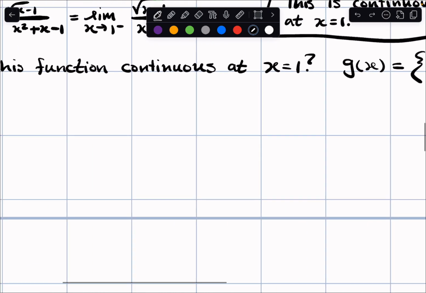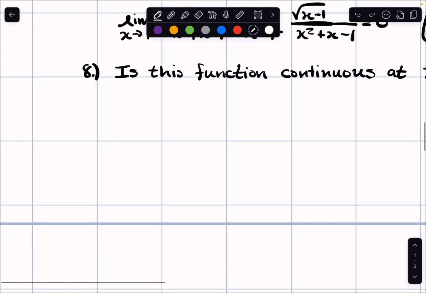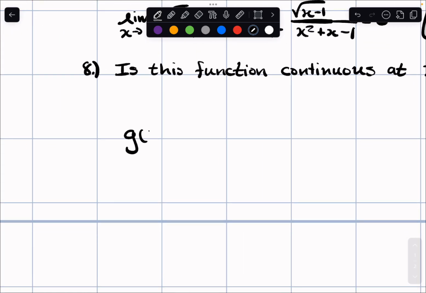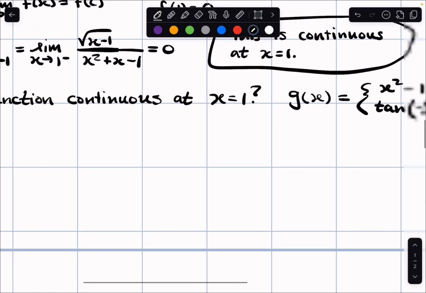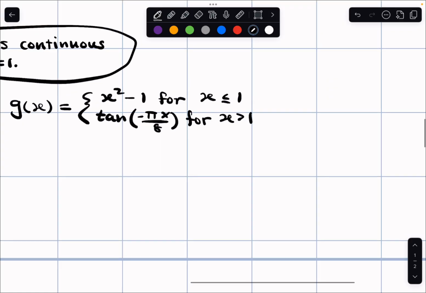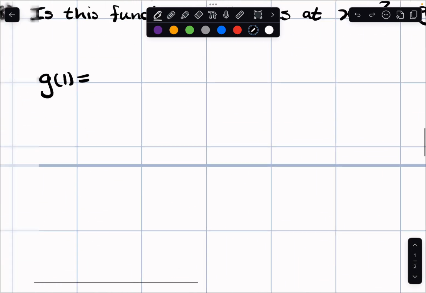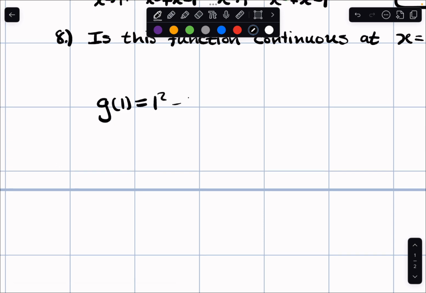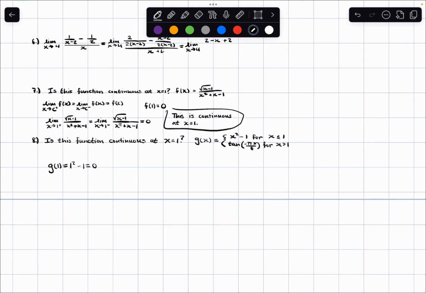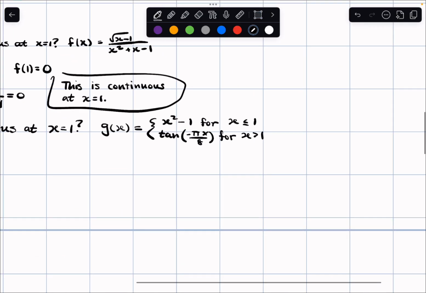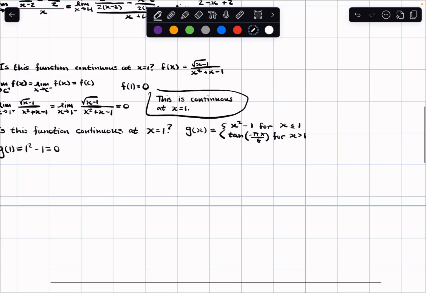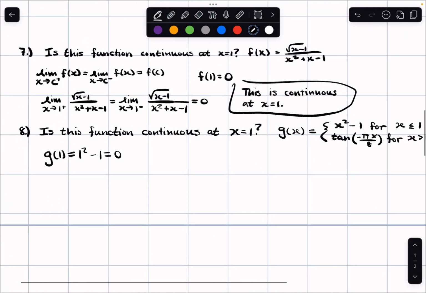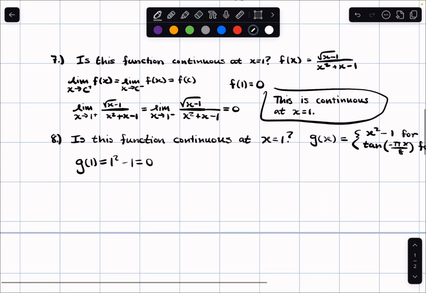So let's first evaluate g of 1. Well, for the piecewise function, we were told that this is equal to 1 squared minus 1, which is equal to 0. And so in order for this to be continuous, the limit must exist and both sides must equal 0.